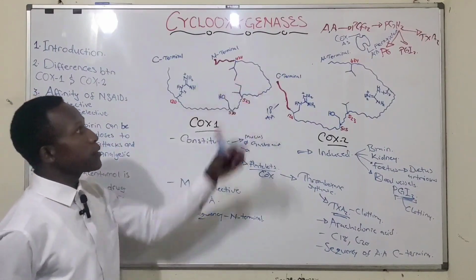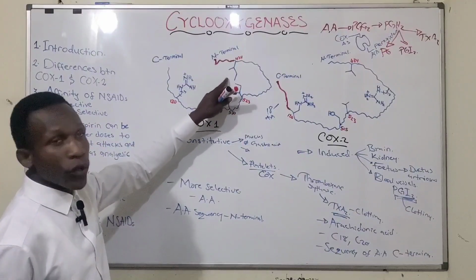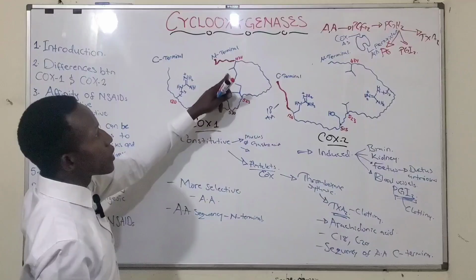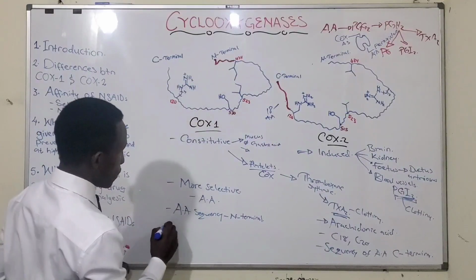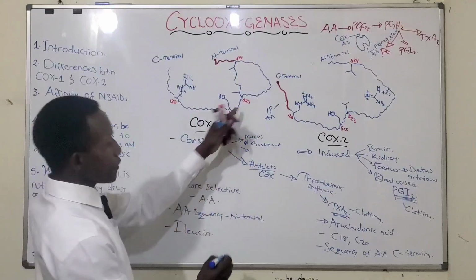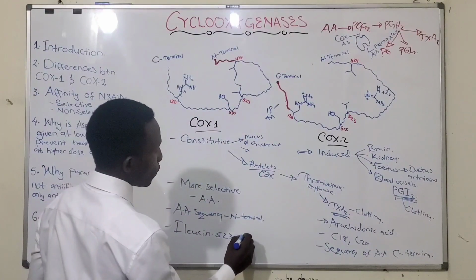Now, another thing, you see that here we have two amino acids. This is isoleucine and this is isoleucine, at positions 523 and 434.